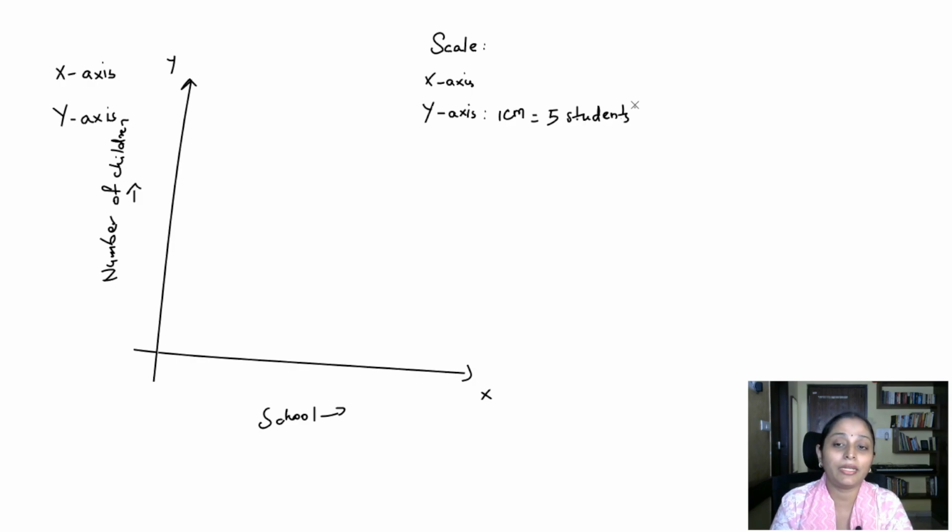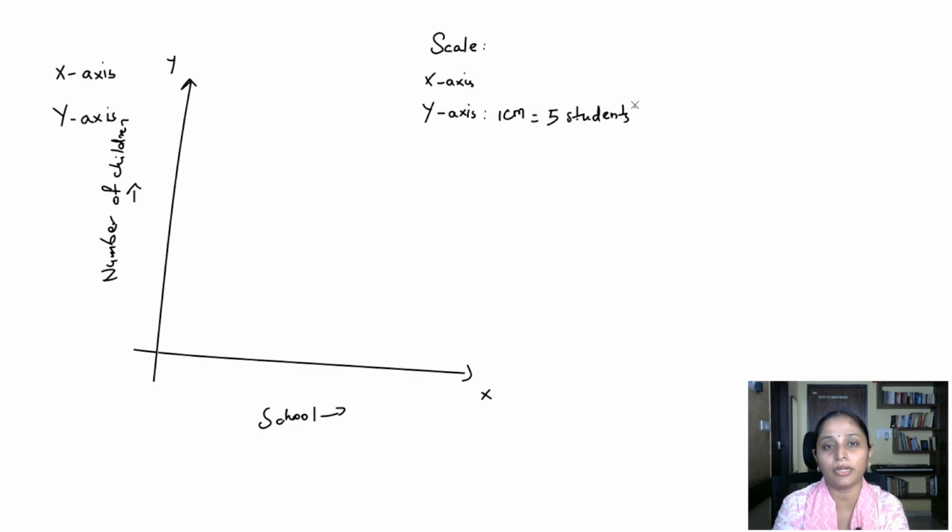At the same time, if I take 1 centimeter as only one student, then the graph is not going to fit, because you have only so many squares in your graph sheet for your y-axis. Sometimes the x-axis might have more entries compared to your y-axis. If you know that you're going to have shorter frequencies, you can have a landscape view of the graph sheet and draw the graph.